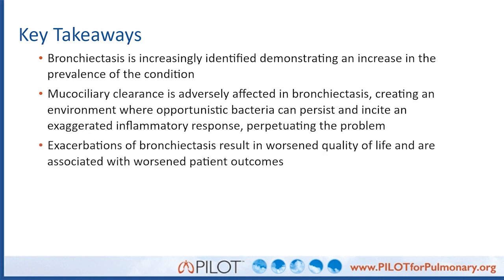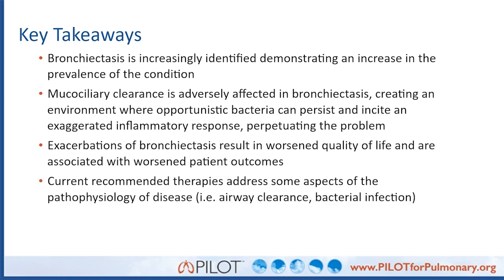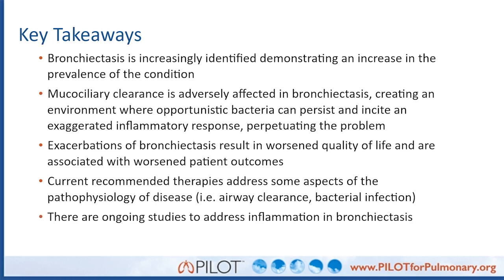Exacerbations of bronchiectasis result in worsened quality of life and are associated with worsened patient outcomes. Current recommended therapies address some aspects of the pathophysiology of the disease, i.e. airway clearance and bacterial infection. However, there are ongoing studies to address inflammation in bronchiectasis, one of the remaining causes not currently being addressed adequately.